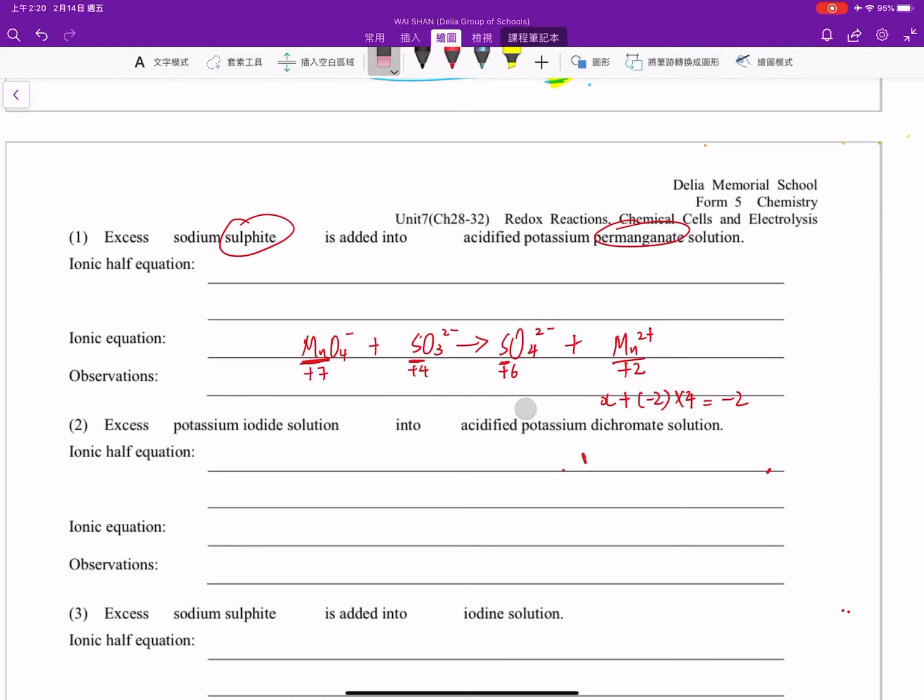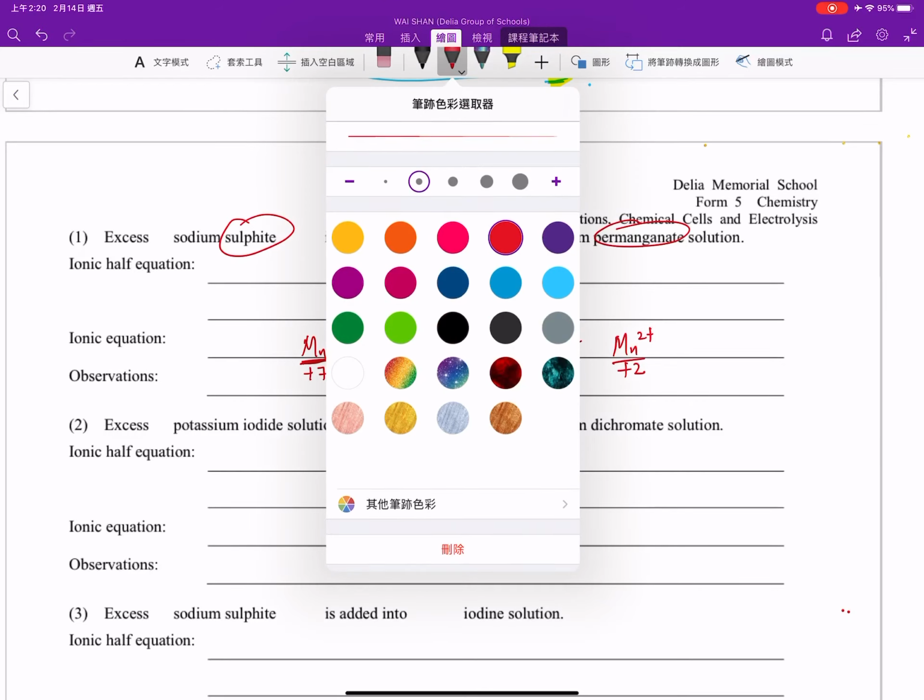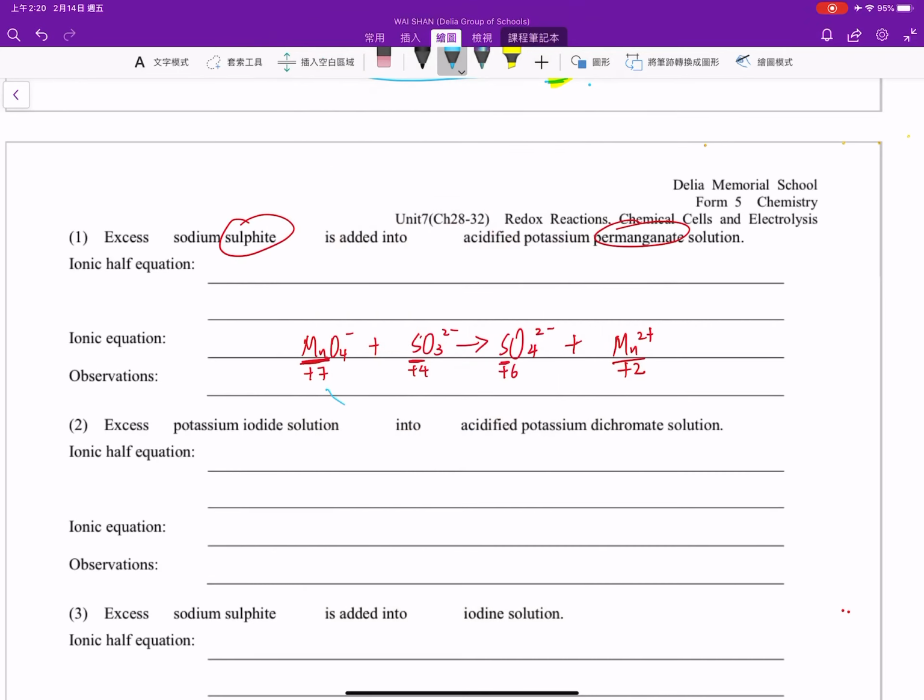Okay, after calculating the oxidation number, what is the change of the oxidation number for this, from +7 decrease to +2? So 5 electrons are involved. I know that there is a change of oxidation number of 5, and the change in oxidation number for the other chemical, which is the reducing agent here, is 2.